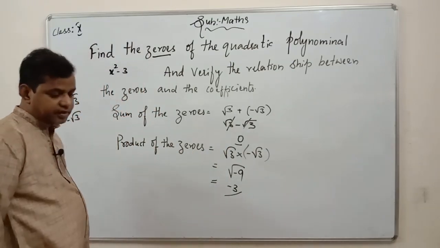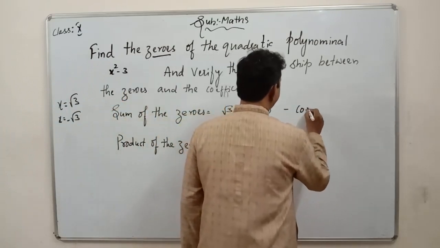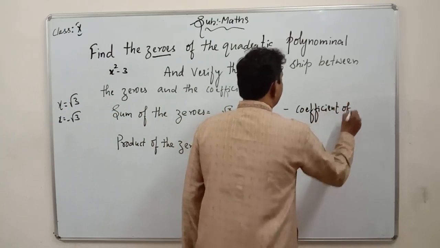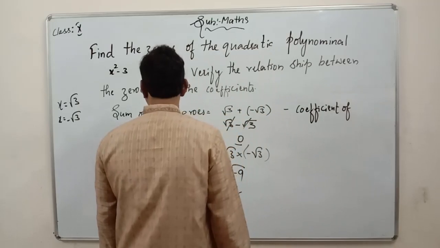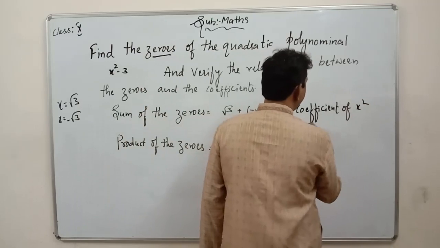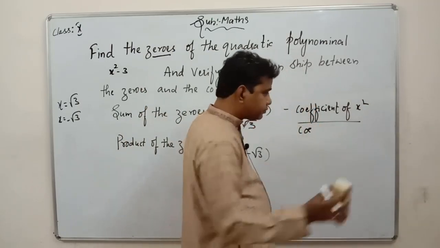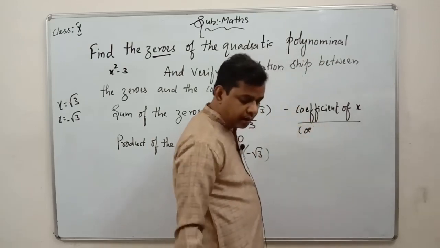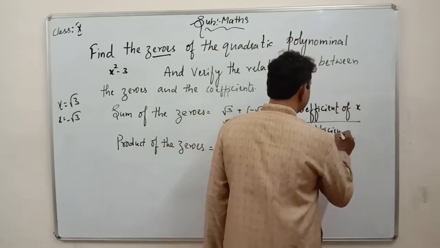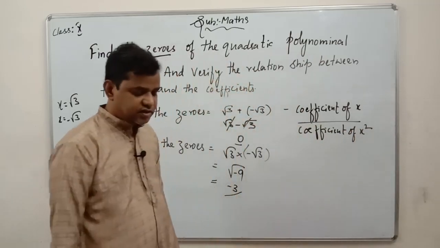Or you can go directly with the same thing. I told you already how. Minus coefficient of x by coefficient of x square, that is minus b by a. What is b here? The coefficient of x. That is the same thing we have written in the first problem also.